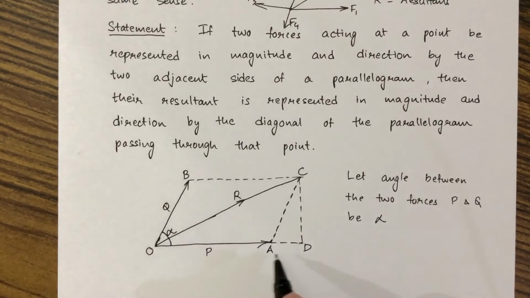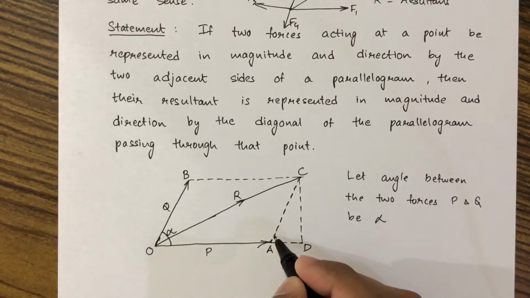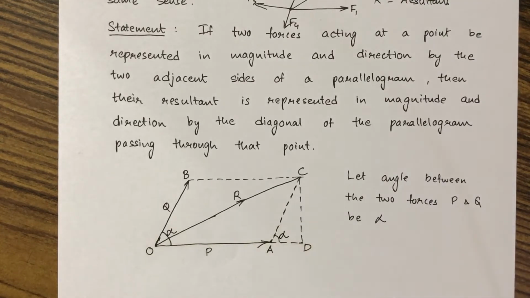So if this angle is given as alpha, obviously this angle should also be alpha, because both these angles are corresponding angles. So if this angle is alpha, this angle should also be equal to alpha.